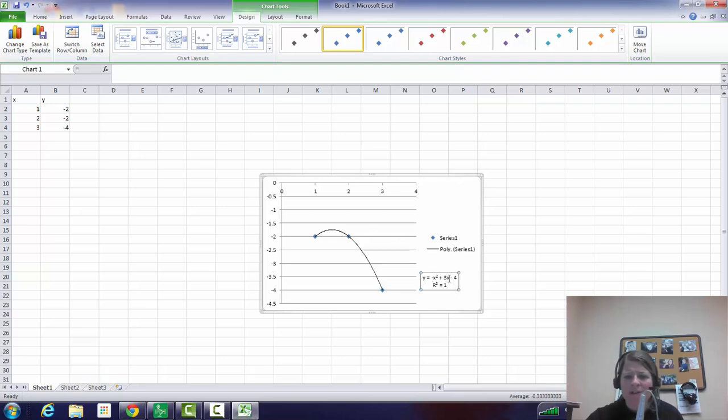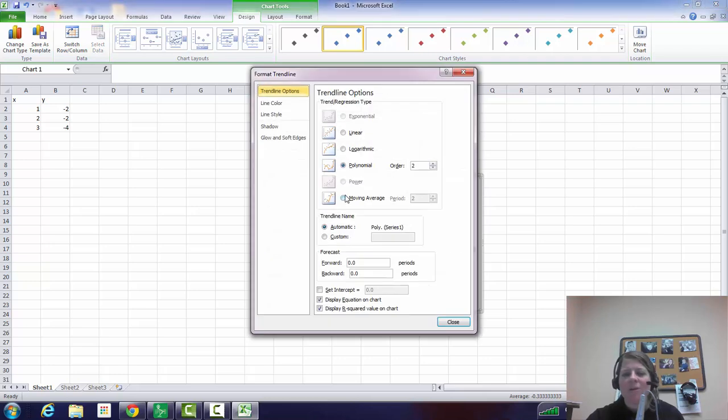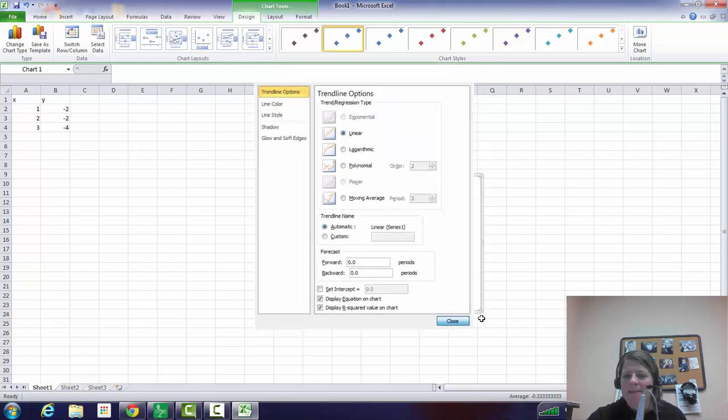How did I get this equation again? I clicked on a dot and then I right-clicked it, and I get, well, mine's format trend line now because I already did it, but you can go in, you right click into trend line options, and you can add whatever you want. So see, I could try to do a line and watch what happens.